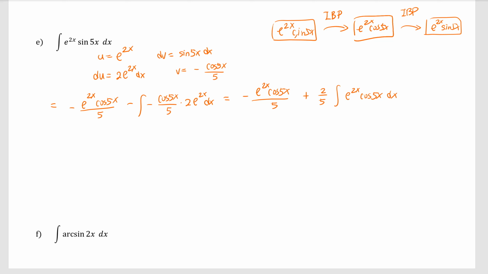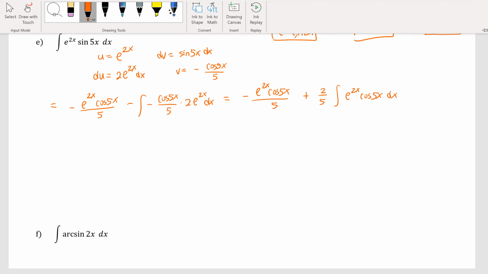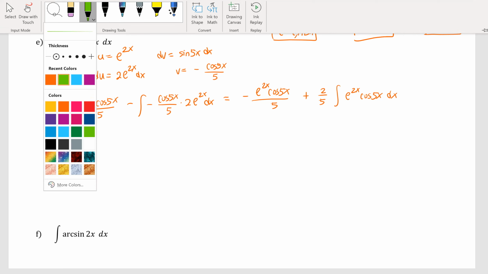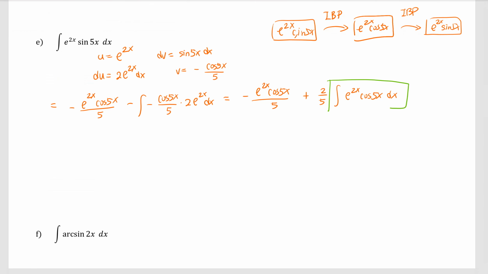So let's do integration by parts again. Let's use green color. Now let me just solve this integral. Here u is still e to the 2x, but dv is cosine 5x dx. Then du is 2 e to the 2x dx. The integral of cosine is sine 5x over 5. So far, so good, everybody. Let's call this integral I, because I don't want to compute the whole integral.